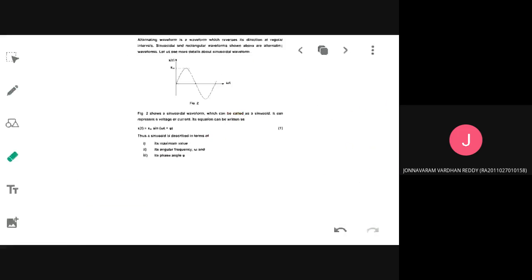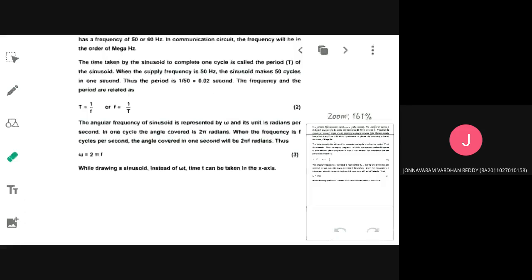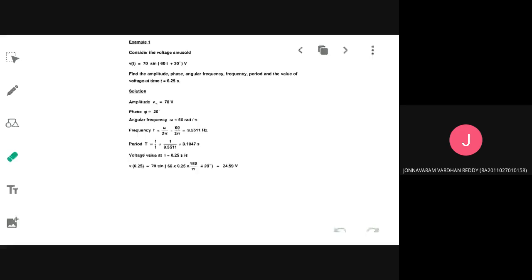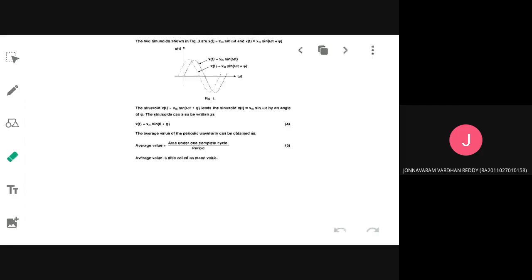Next, suppose this is the equation, then how to derive the RMS and average value for the sinusoidal quantity we need to discuss. First, let us discuss the average value.